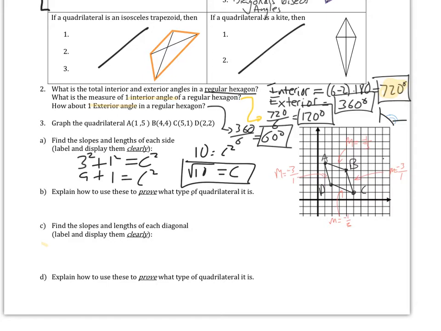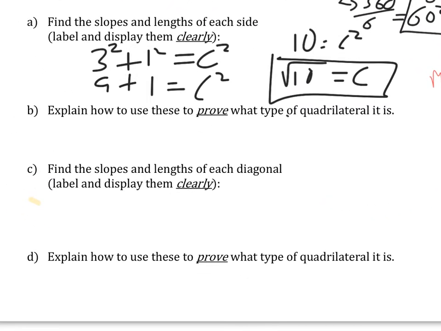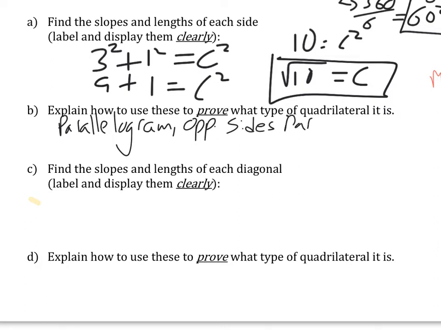Okay, so what this is going to tell us is what type of polygon it is. We can say that this is a parallelogram. And we have to have a reason for this. We've got two reasons now because we said opposite sides are parallel, because the slopes are the same, and opposite sides are congruent.